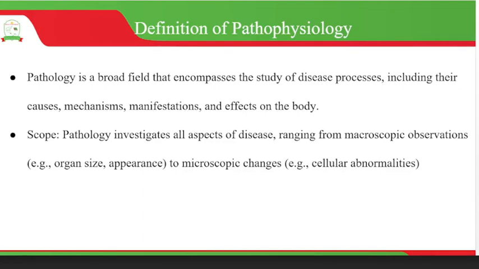When these cellular abnormalities are present, they can also cause organ abnormalities in terms of organ size and appearance. So the microscopic part looks at the cellular abnormalities, whereas the macroscopic observations look at the size and appearance of the organs in which these cells are embedded.